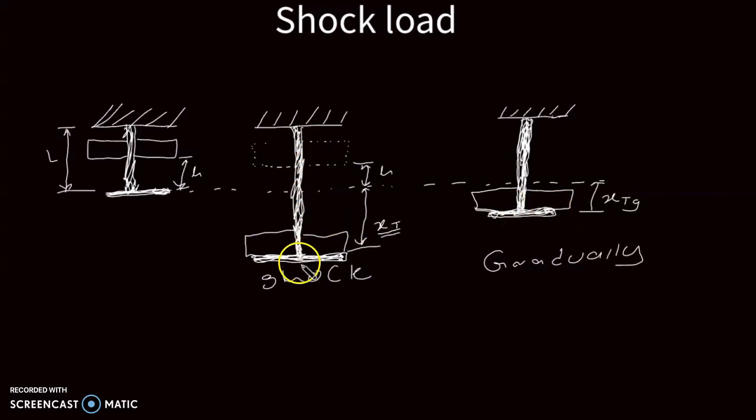It will go down and then come back, where we are now affected by the actual force of the object, meaning the force is now equal to the weight. Here, the force exerted was greater than the weight. So this will be our change in length due to the shock.